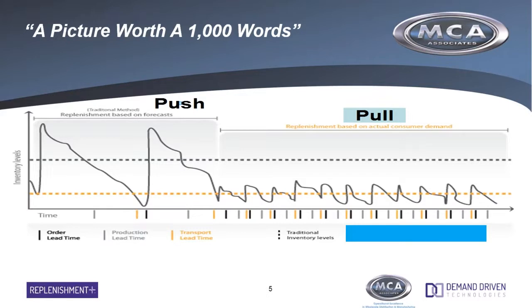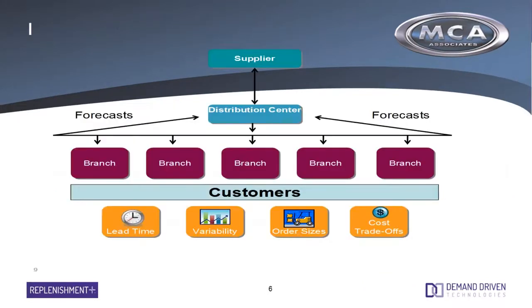So push typically results in higher average inventory levels. Pull, I would suggest, typically results in lower average inventory levels. Now, if you happen to have a distribution network that looks something like this, distribution center, some branch, store locations, it's a hub and spoke arrangement as your primary distribution network.